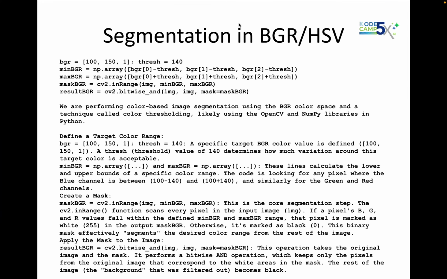Basically, we are trying to tweak the different pixel colors, trying to increase the threshold of the pixel, trying to reduce the threshold of the pixel, and so I had to write this down to explain to you guys. So in case you go through the slide, you would be able to read and understand what each line of the code does. So today we have the BGR threshold. We set a specific target for the color.